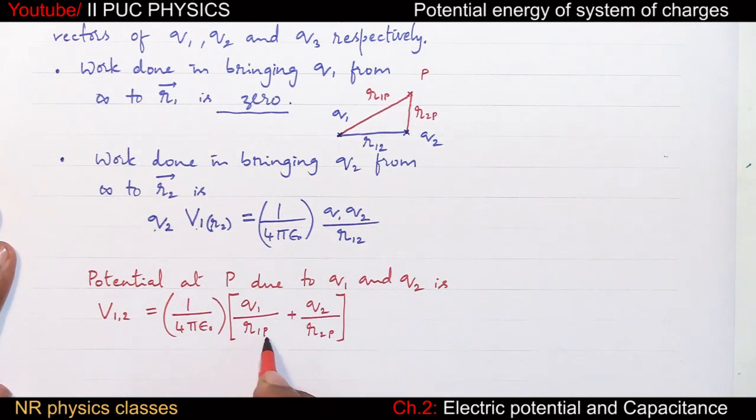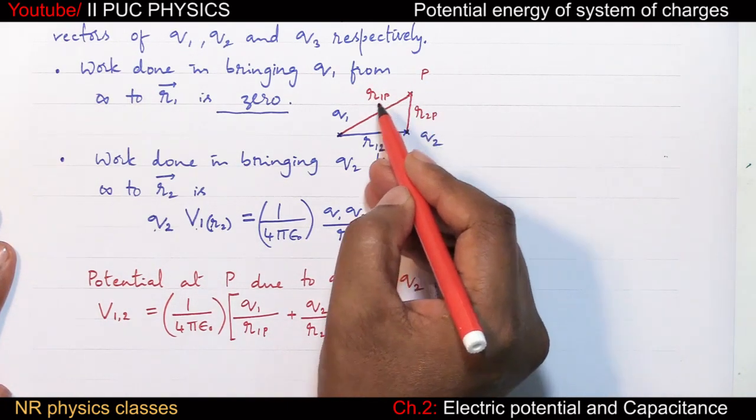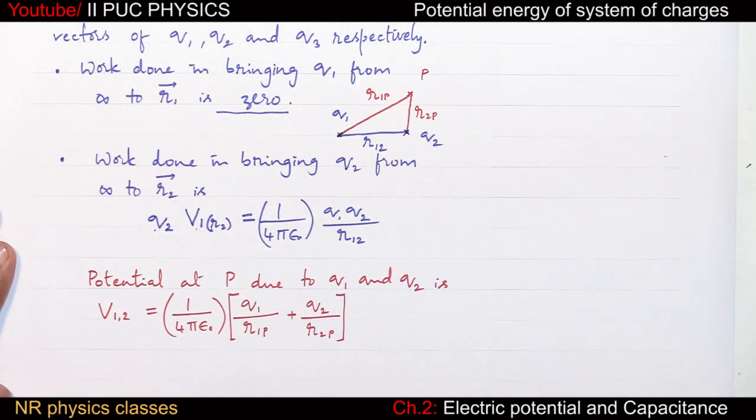And what is R1P? R1P is distance of P from Q1. Similarly, R2P.